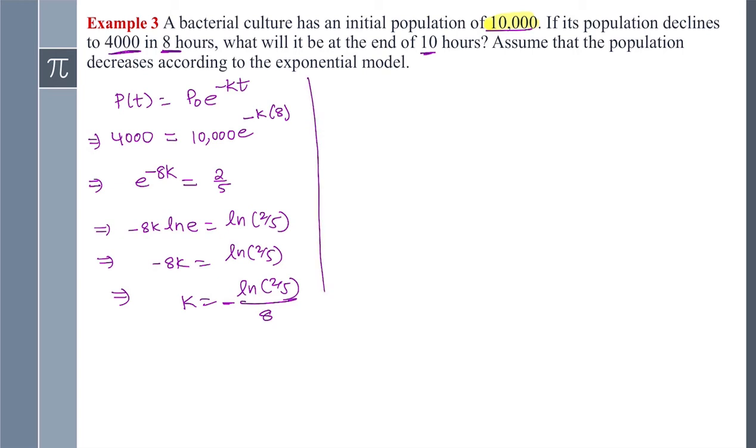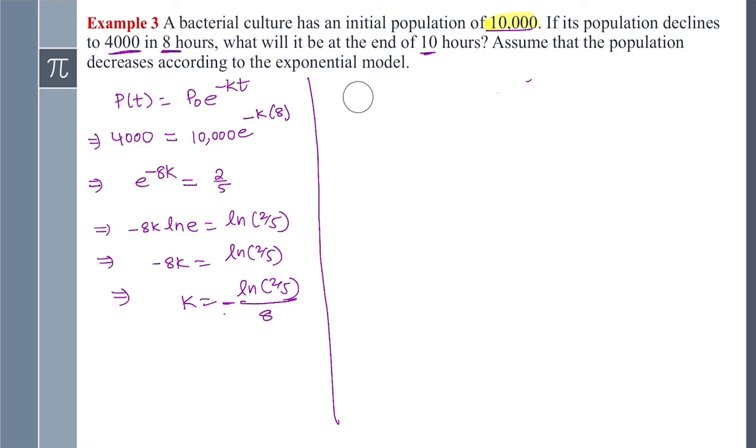Now what we do is we'll put this into our function. So P of t equals P naught e to the, so we have negative in k and we have negative in the formula, so this becomes natural log of 2/5 over 8 times t. So this quantity will become negative if we put it into the calculator. We can put this into the calculator to get the exact value, so let's do that.